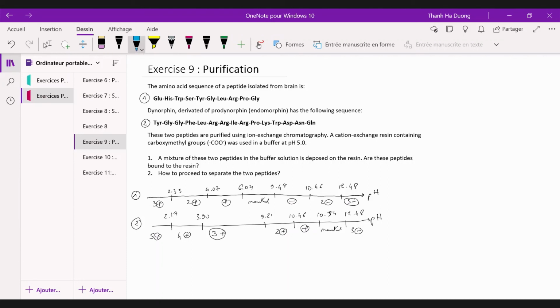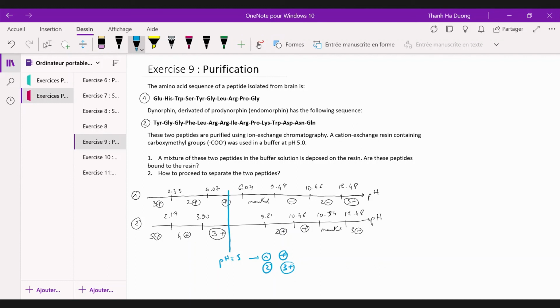So it means that at pH 5, peptide 1 is positively charged and peptide 2 is also positively charged, right?